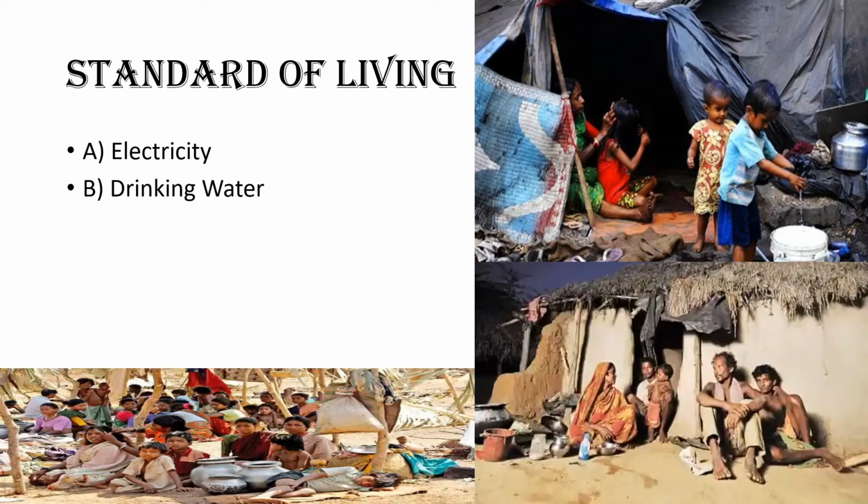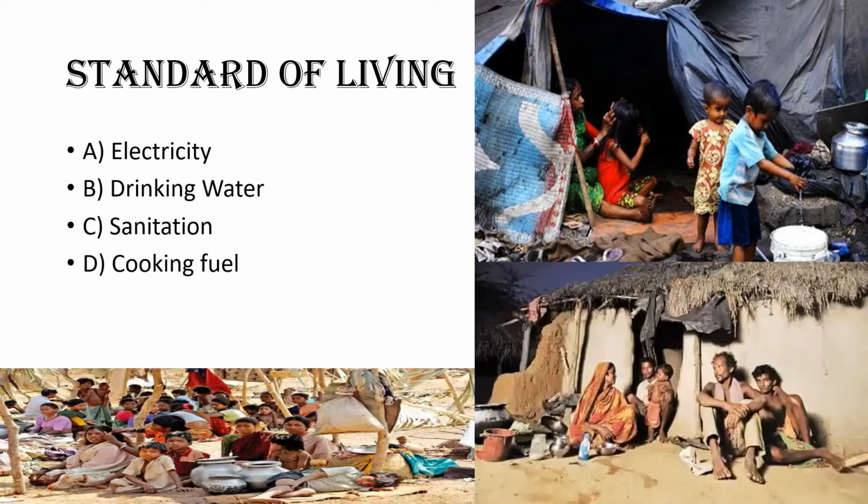A household is said to be poor if they don't have access to clean drinking water, or have access to clean drinking water only through a source that is located 30 minutes away or more by walking from their households. Number 3, sanitation. A household is said to be poor if they don't have access to improved sanitation facilities or have access only to shared improved sanitation facilities at their households.